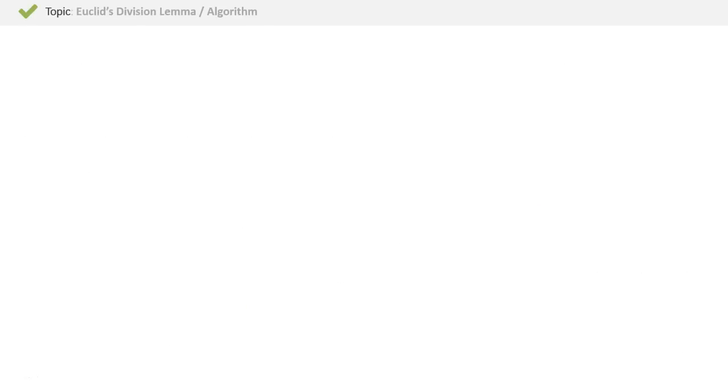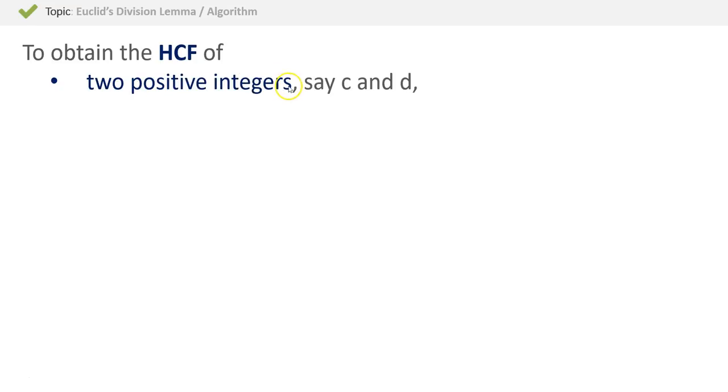Now let's talk about Euclid's division lemma and algorithm and try to understand it in a better way. To obtain the HCF of two positive integers, say C and D, with C greater than D, follow these steps.